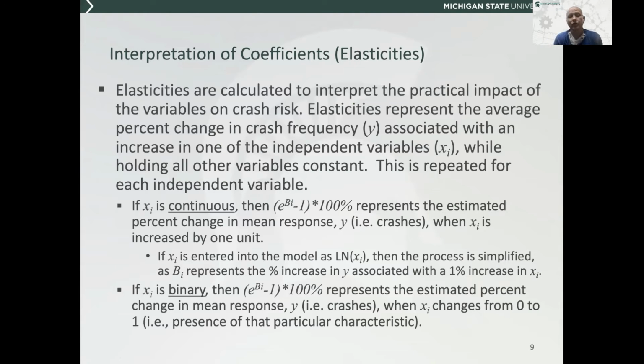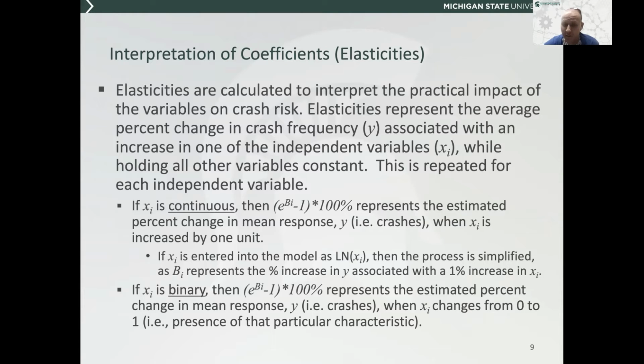And so when we go to interpret the effects of those variables, we're often interested in calculating what are referred to as elasticities. Basically, the average change in frequency associated with a change in any of those independent or predictor variables. If a variable is continuous, all we need to do is exponentiate those coefficients, and that would serve as similar to a crash modification factor.